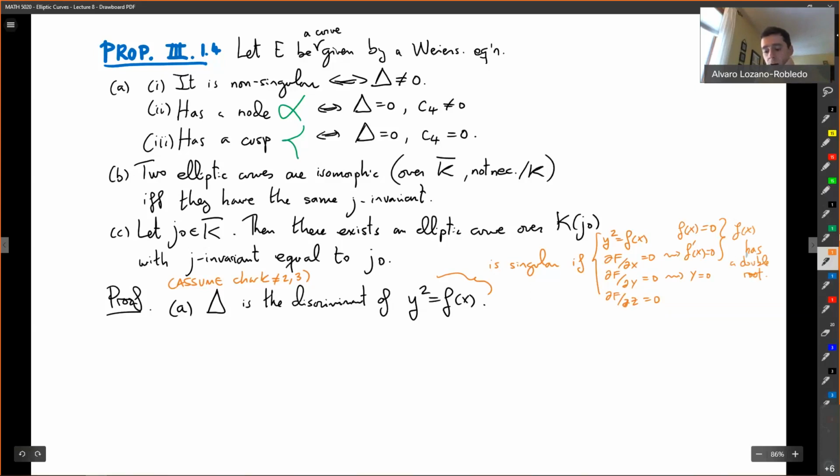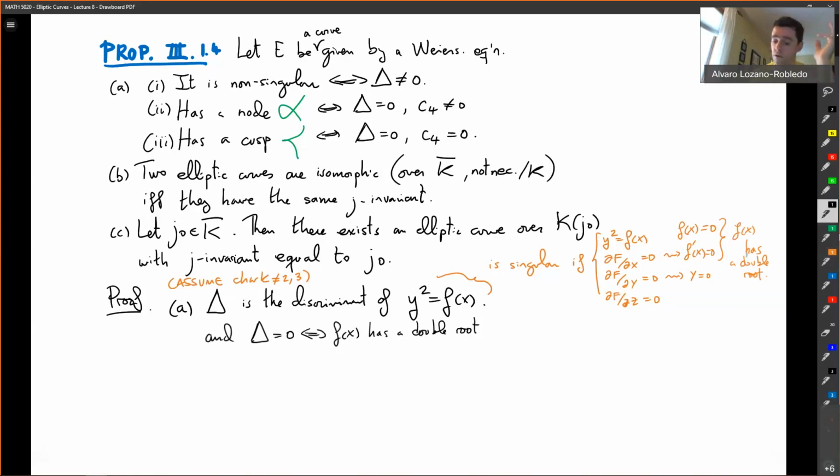Okay, but the discriminant will tell you when f of x has a double root. So this is 0 if and only if f of x has at least a double root, it could be triple, if and only if the model is singular.